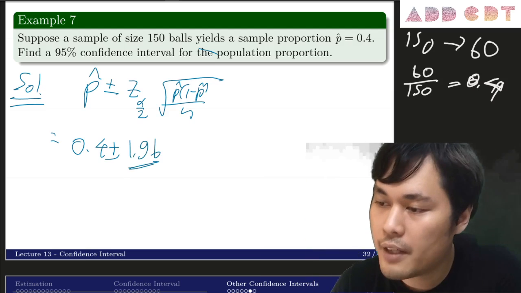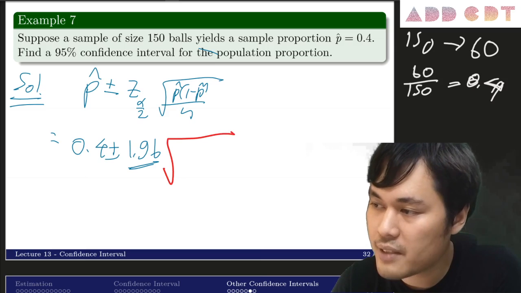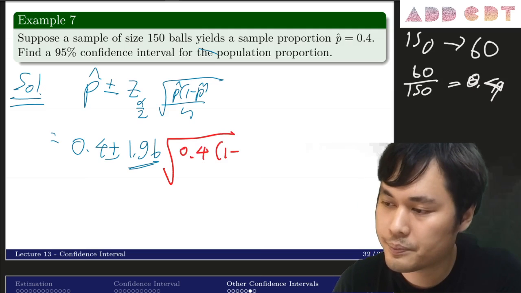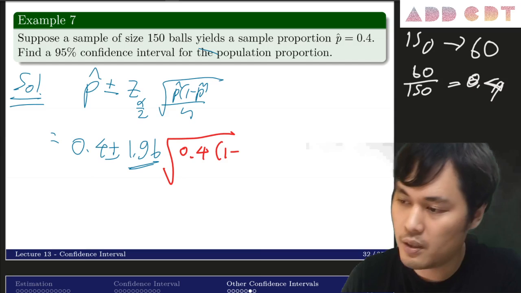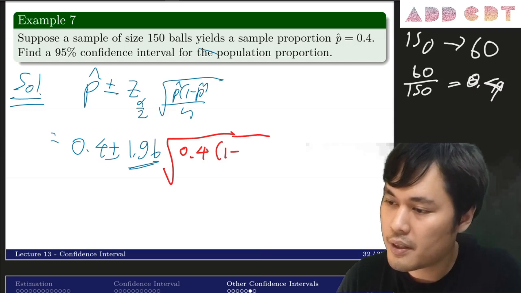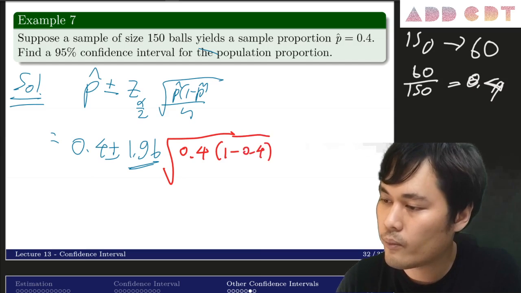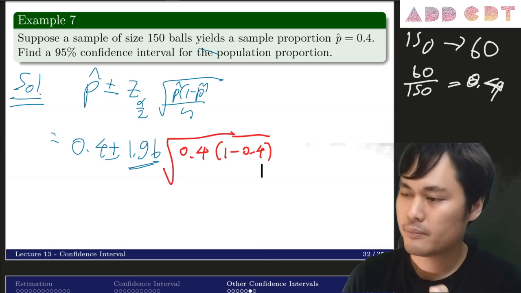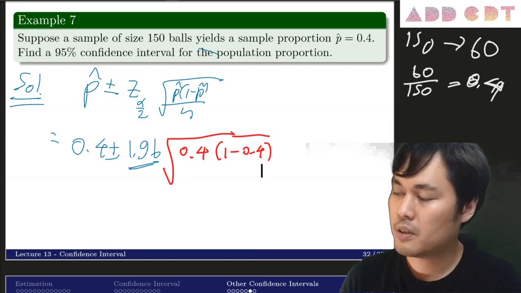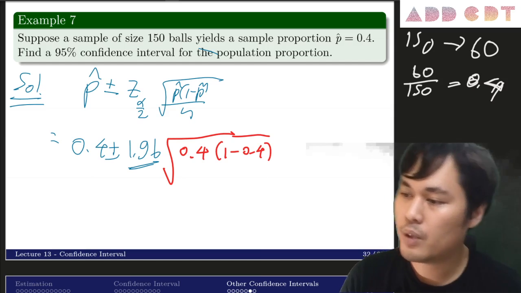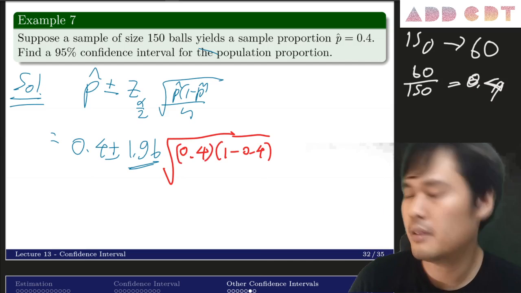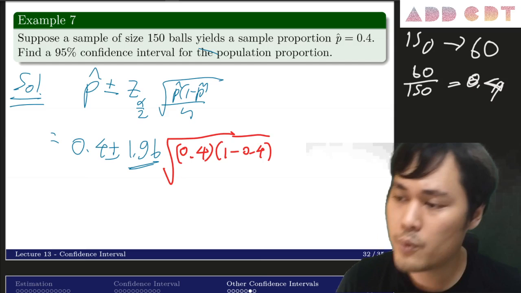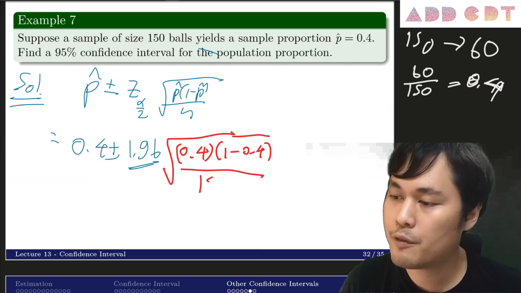So what about inside the parentheses, p hat? Let's do 0.4. 1 minus p. Oh, p hat is the success rate, and 1 minus p is the failure rate. If the proportion of stuff we want to get is 0.4, then the proportion of stuff we don't want to get is 1 minus that number, which is 1 minus 0.4, divided by 150.